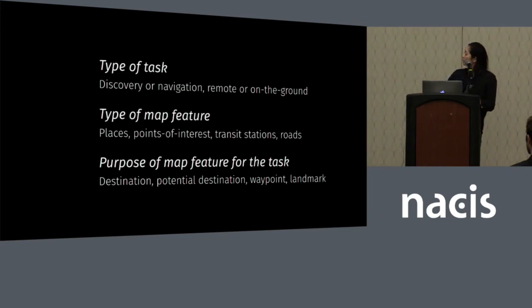However, if you're trying to navigate to a particular restaurant, perhaps there are certain road intersections used as waypoints on your route, and therefore you really need those road labels to be observable on the ground. You want them to match the street signs so that you can find your way. Those are two very different types of meaningful labels used for different purposes.